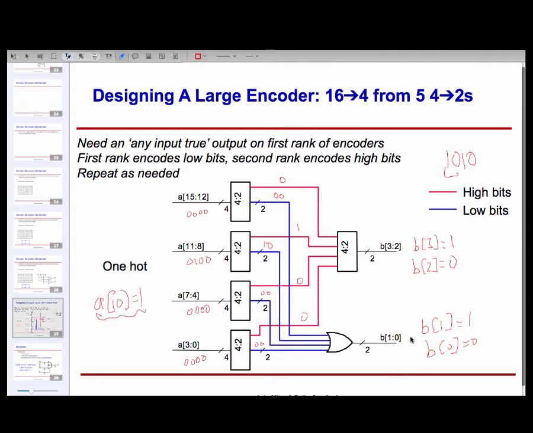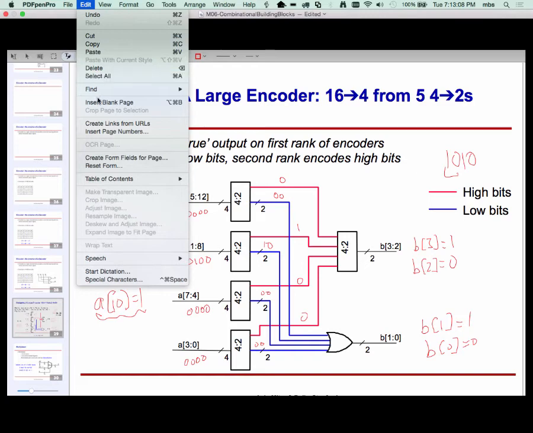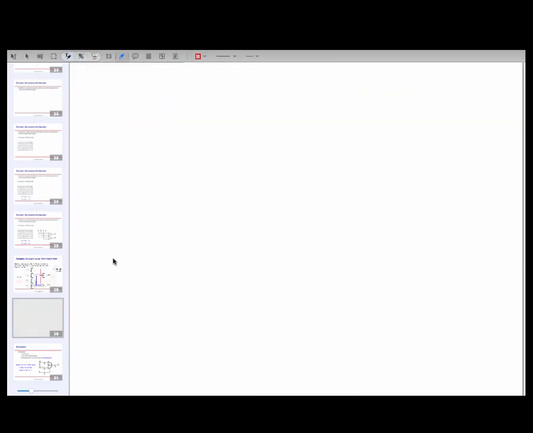So let me create a blank page and make sure that we get that out. So let's say I had this situation.